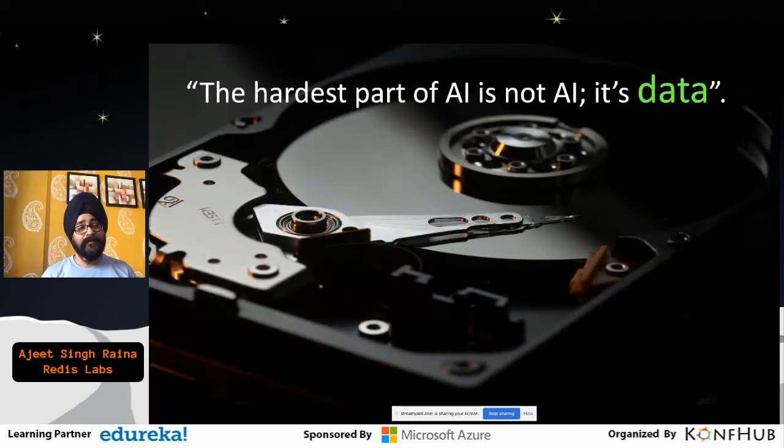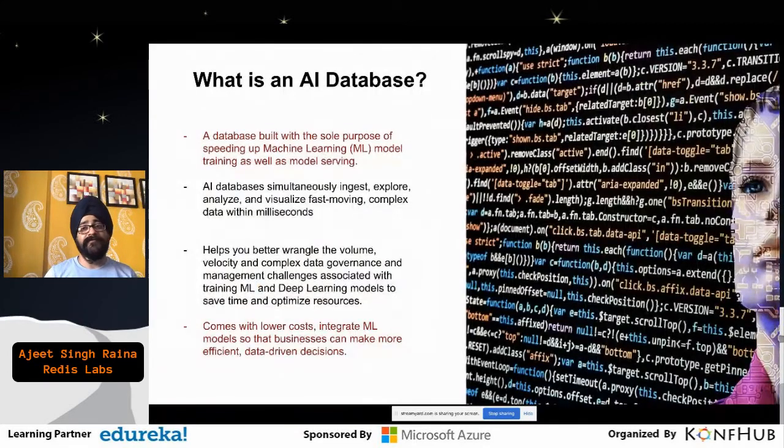When you have a large accelerated growth of data in terms of volume, variety, and velocity, you need a system which can accommodate it. And the reason we are talking about that is because a special type of database has emerged, which is called the AI database. Now, an AI database is targeted with the purpose of speeding up your machine learning as well as model serving.